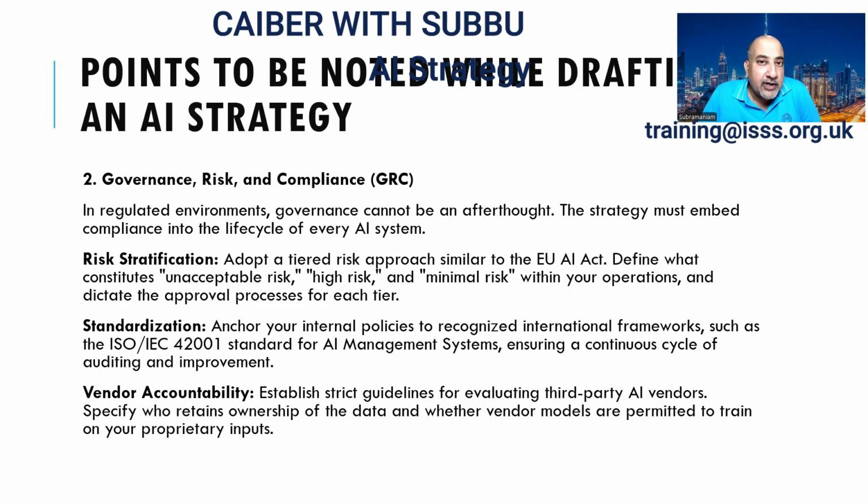Similarly, every country will start following the European Union Act, where the risk stratification was done. Even if your country is not following it, we can always stratify the risk and level up the AI to address that particular risk so that it is treated properly.